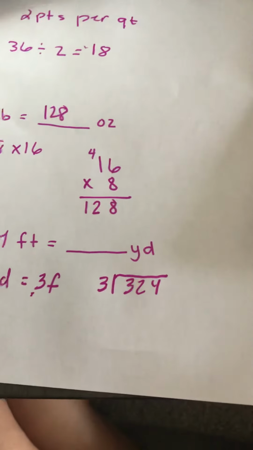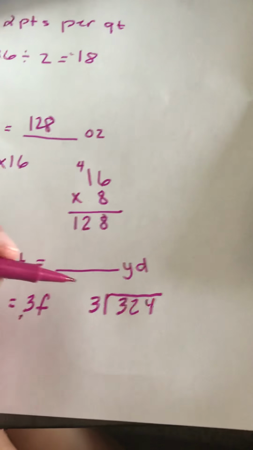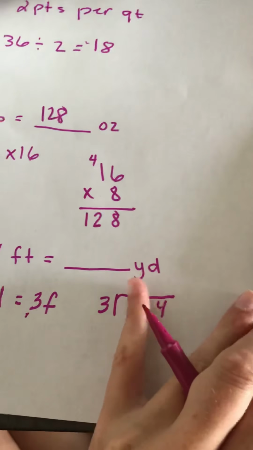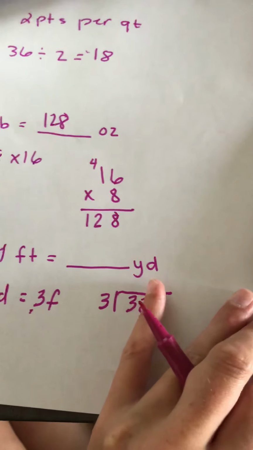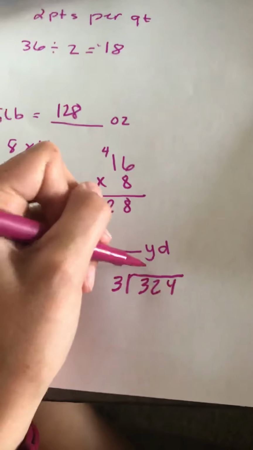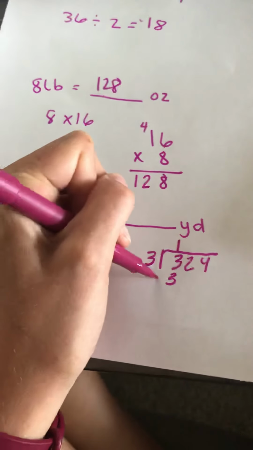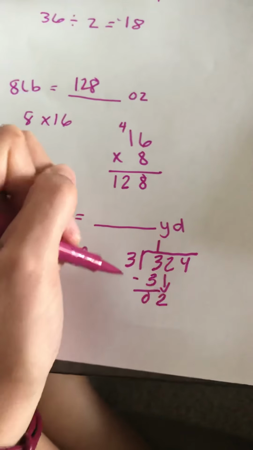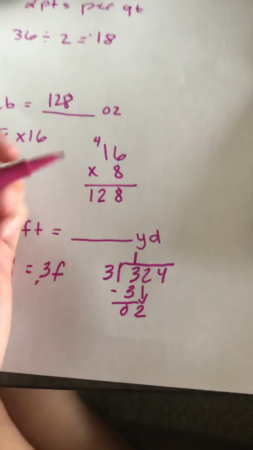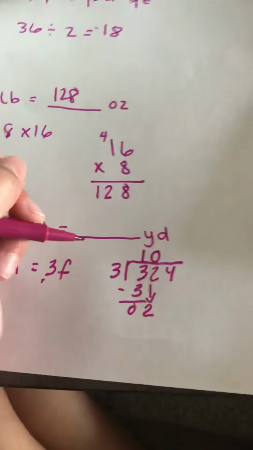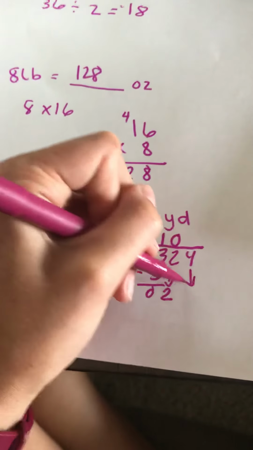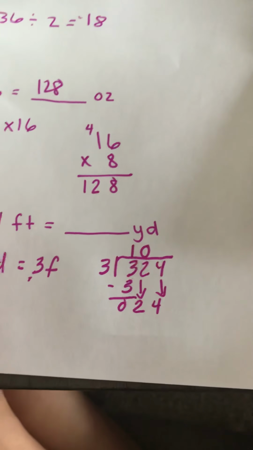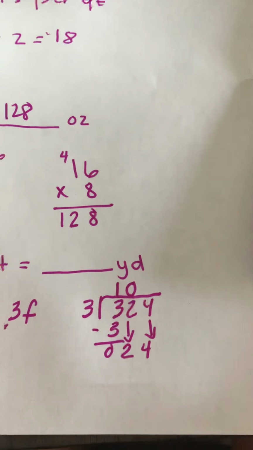Okay, so if we do this division, you ask yourself, can 3 go into 3? Yes, it can, and that would be 1 time. Subtract our 3 off, we're left with 0. Bring our 2 down. Can 3 go into 2? The answer is obviously no, so we put a 0 above the 2, and we're able to bring our 4 down. Can 3 go into 24?